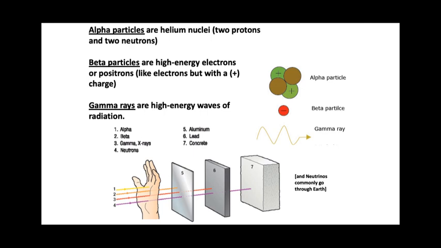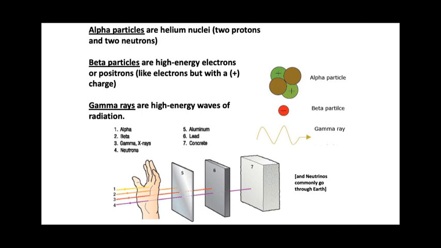They show you what can stop each one of those types of decay with number 1, number 2, number 3, and number 4 down here in the diagram. So alpha decay is essentially a helium nucleus given off by the nucleus of uranium as it breaks down.